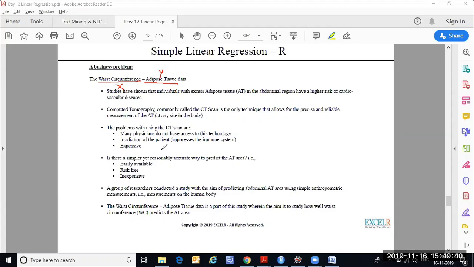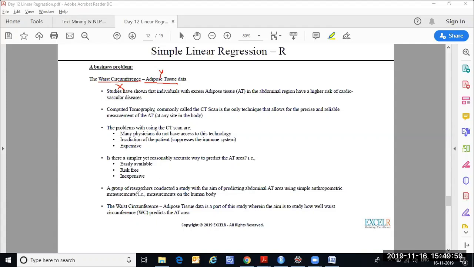And it gives a lot of radiation as well. So if we can come up with a simple model, which is not expensive and can be easily accessible by all the hospitals, that will be good.